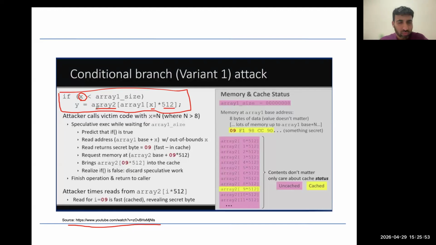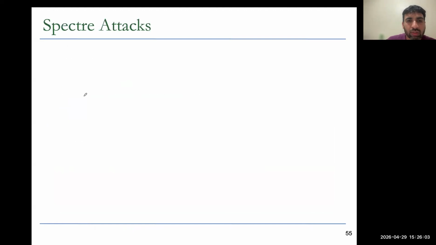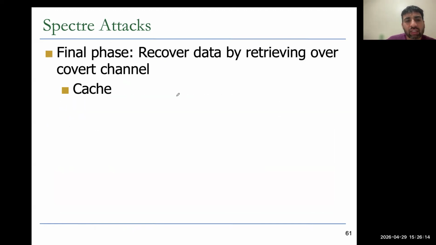So here, the assumption is that first the attacker, what was the first phase? The first phase was, if I take you back here, locate the sequence of instructions which act as a covert channel transmitter, right? And so let's say we have located this.